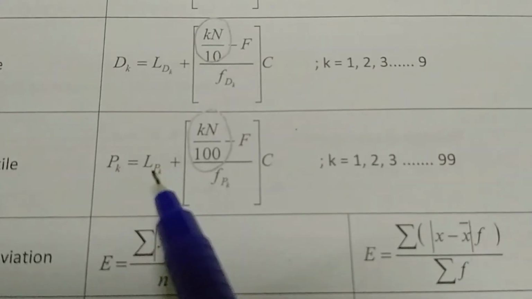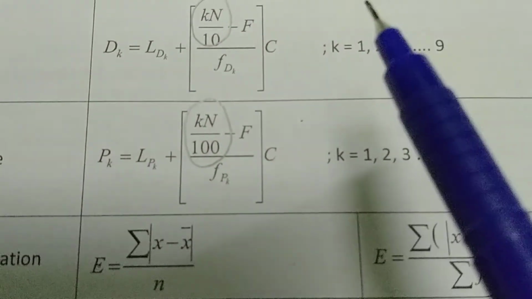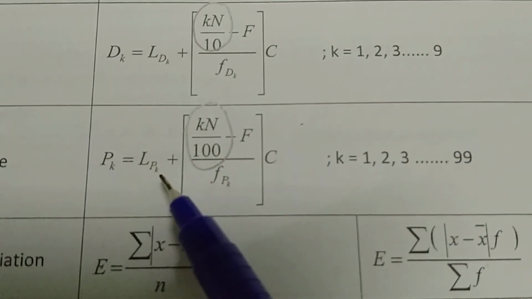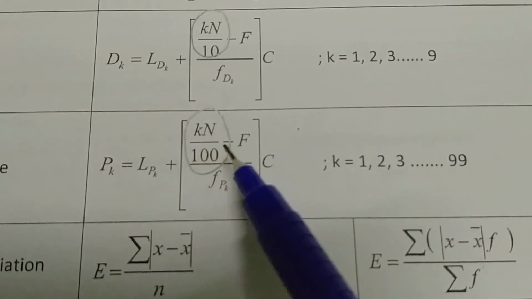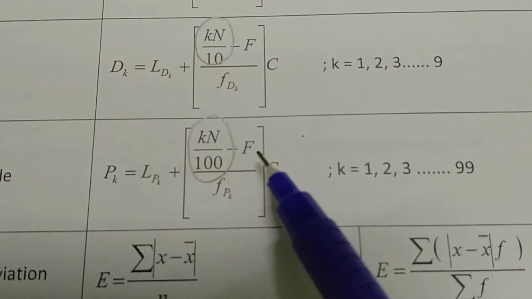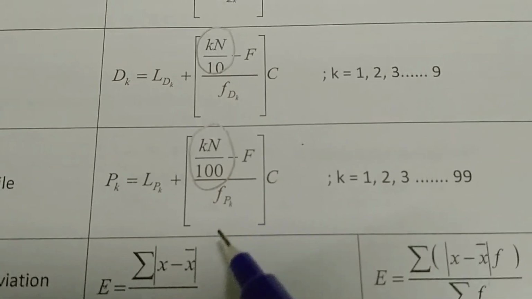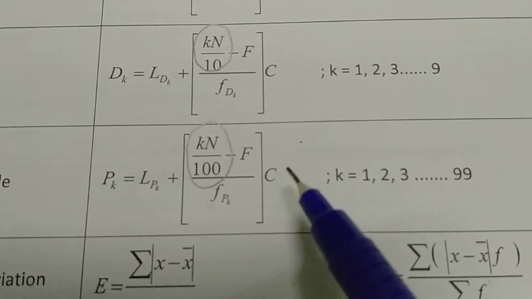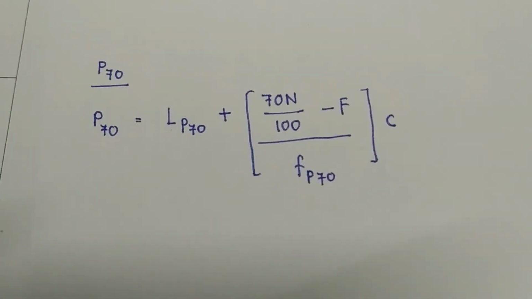It is equal to LP70 plus 70 times n divided by 100 minus capital F, the cumulative frequency, divided by small f P70, times the size of class C. So this is the formula.